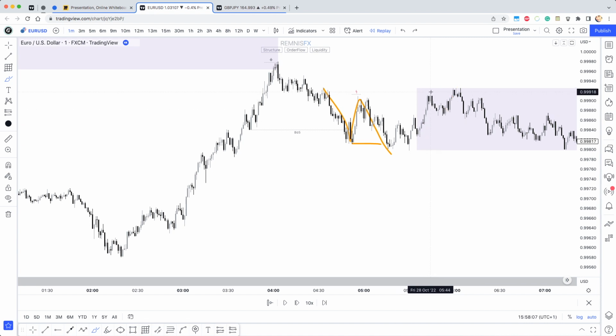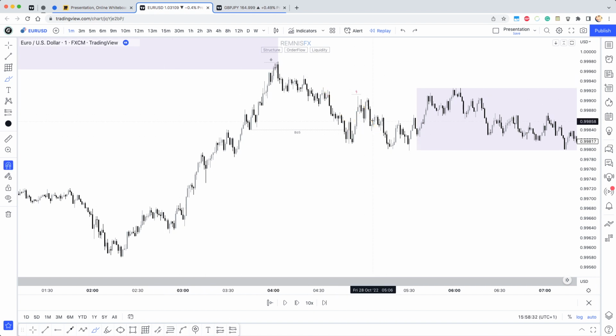And like I said earlier, if you enter directly after the inducement is taken out, this is, yeah, like a 50-50 probability that it would go in your favor. The more extreme ones are like a higher probability, right?